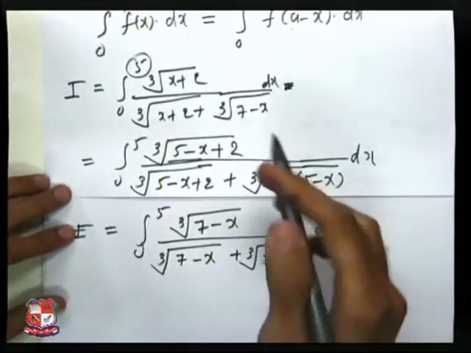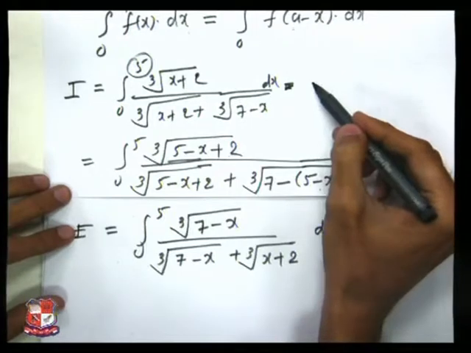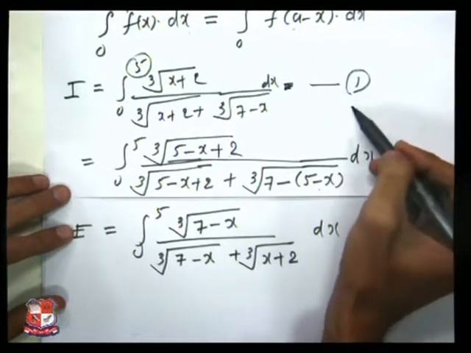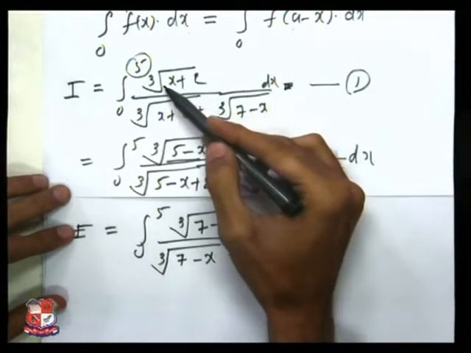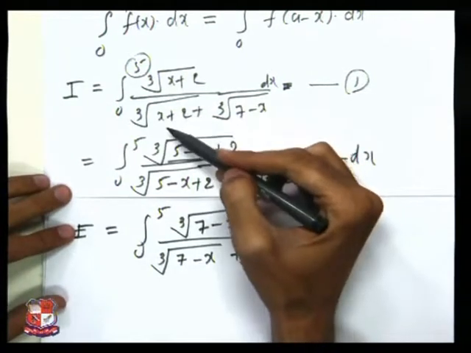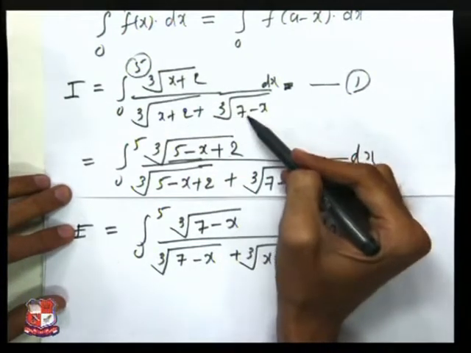If you look at this one, this is number 1: I is equal to cube root of x plus 2 upon cube root of x plus 2 plus cube root of 7 minus x.